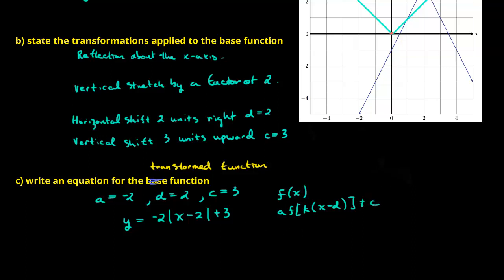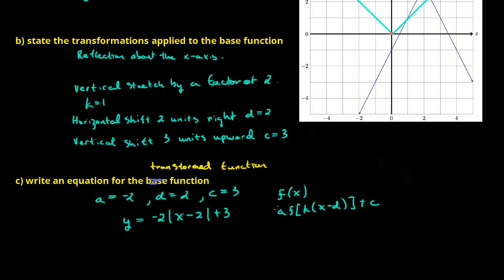And here we do have that k is equal to 1, because if we think about there being a vertical stretch by a factor of 2, then there are no horizontal dilations. So k would be equal to 1 in this case.